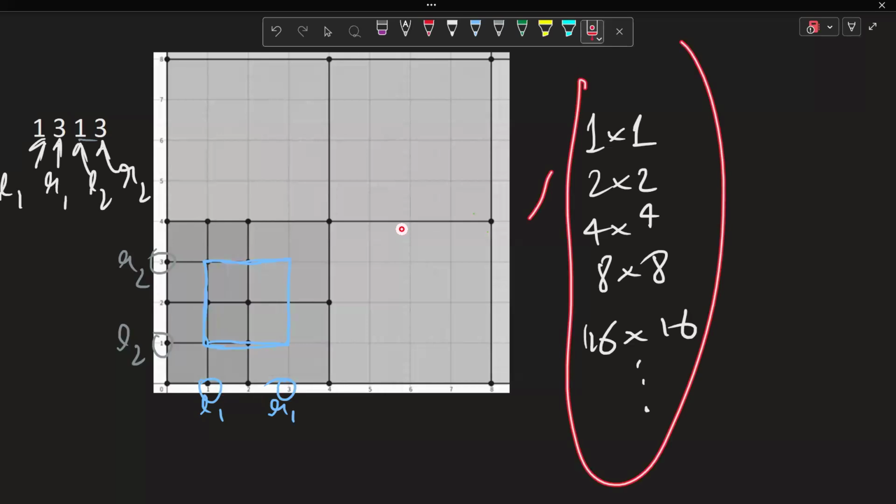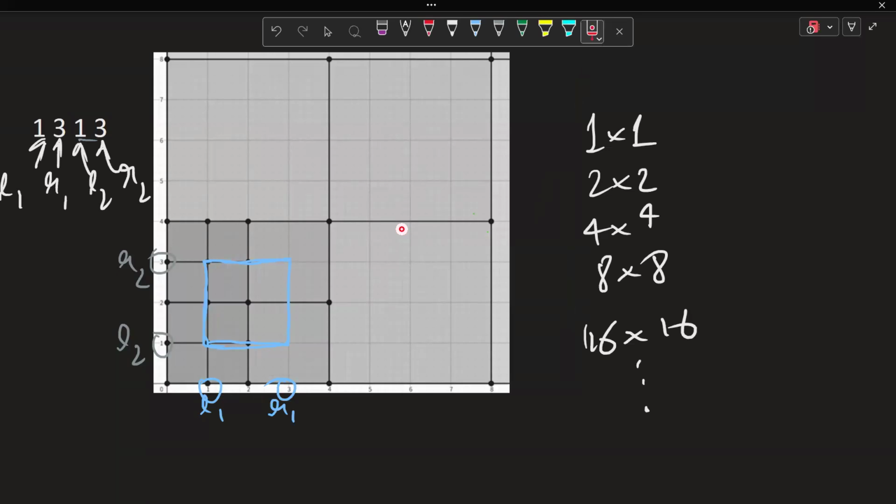All these squares are present in this coordinate axis or in this graph, whatever you say. You need to find some combination of squares, the union of which is exactly equal to this rectangle. So maybe you may take this square, this square, this square, and this square. The union of these 4 squares would be this rectangle.